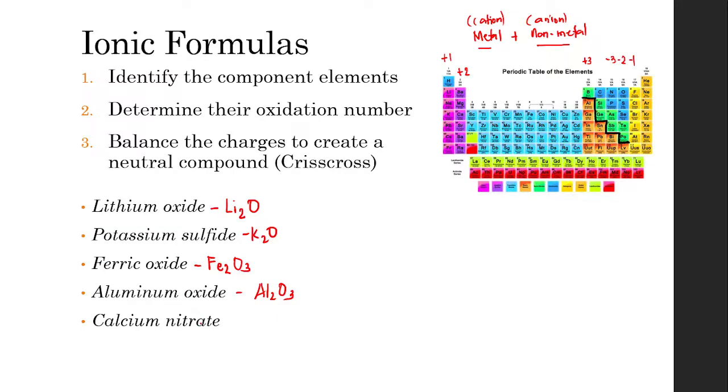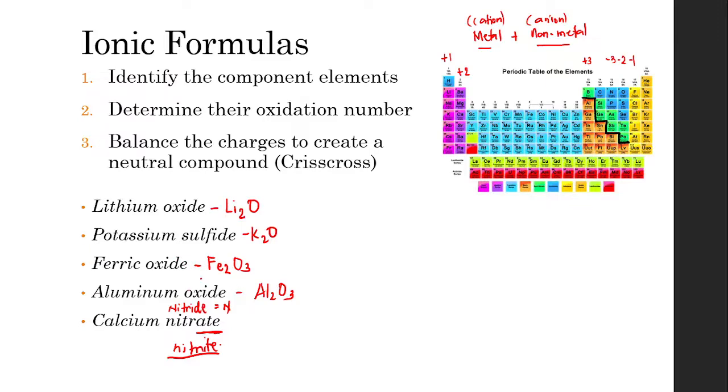Nitrate here, please do not confuse it with nitride. Nitride is N, but nitrate and nitrite are polyatomic ions. So you may be asking, how can I know if an ion is polyatomic?